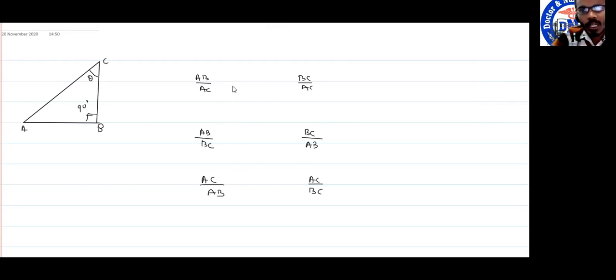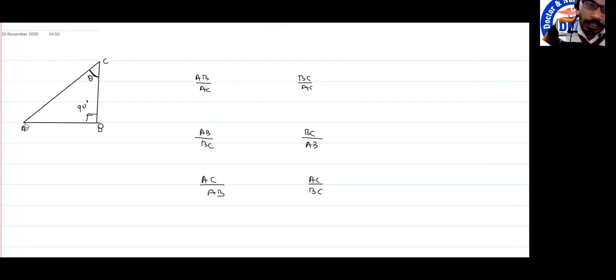And these ratios have been given a name, which is called trigonometric ratios. Let us suppose the angle between these two lines is theta.